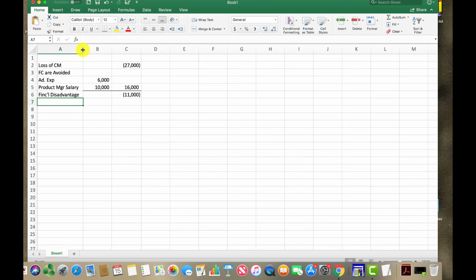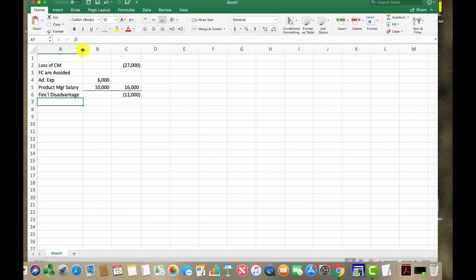Again, this is how we make our decisions to either drop or retain a segment. We need to first identify all the relevant and irrelevant costs and benefits, and then we compare on the margin, so to speak. We're looking at what's different. I'm losing contribution margin, but I'm avoiding some costs.